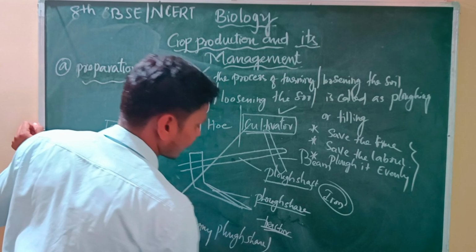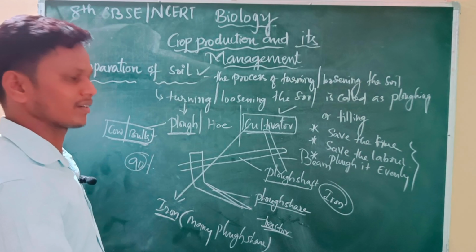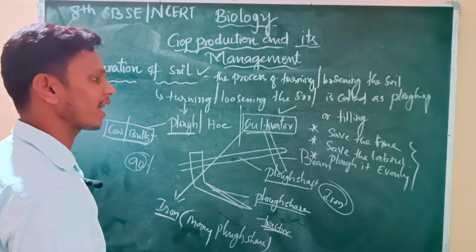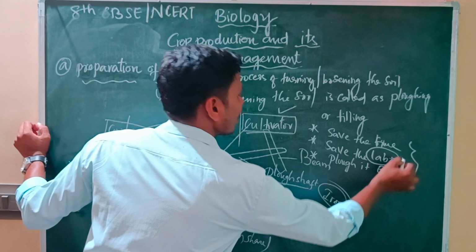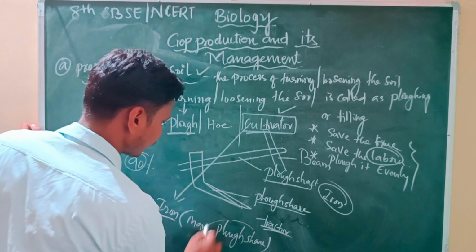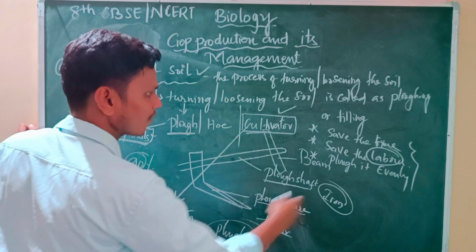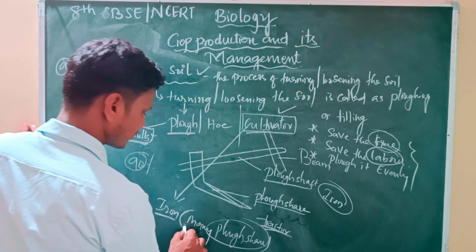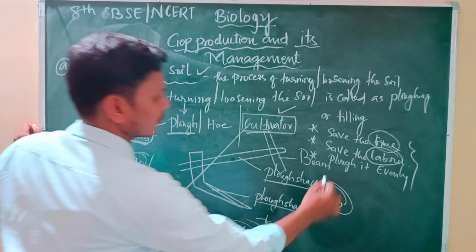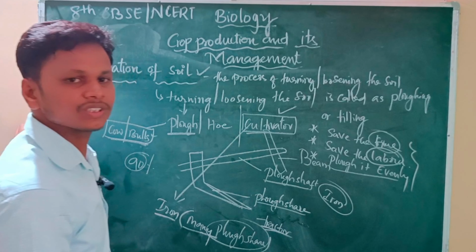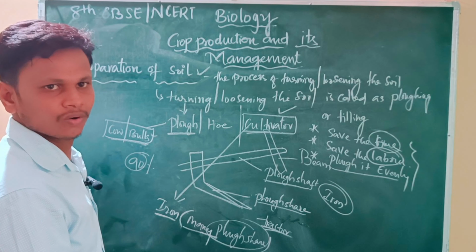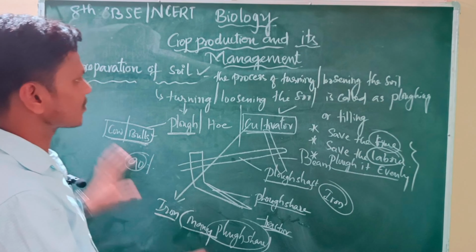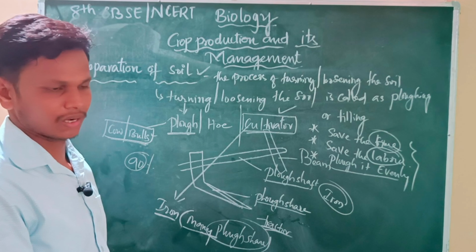As it is driven by a tractor, we require only one driver, so that we can save labor. As we have many plow shares instead of one, of course we can save time, isn't it? And as it is evenly maintained, we can plow evenly. Hope it is clear for everyone. So this is about the preparation of soil.